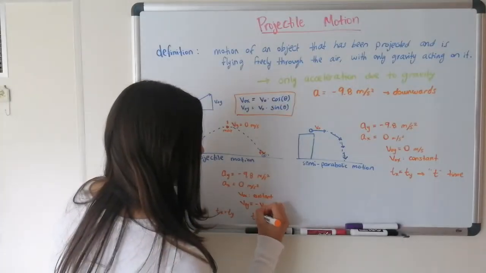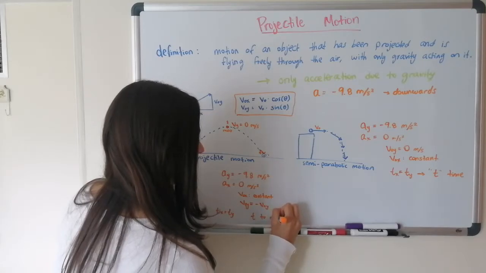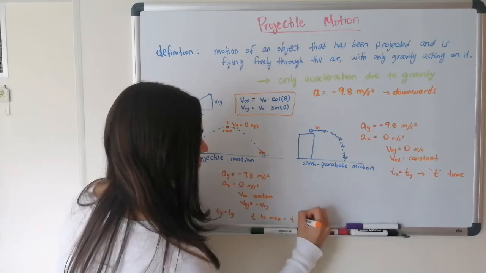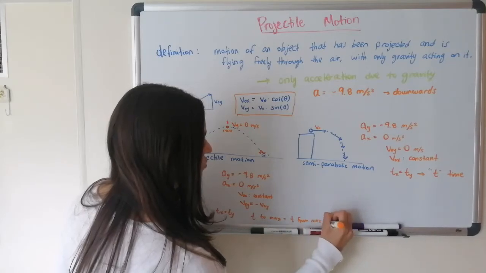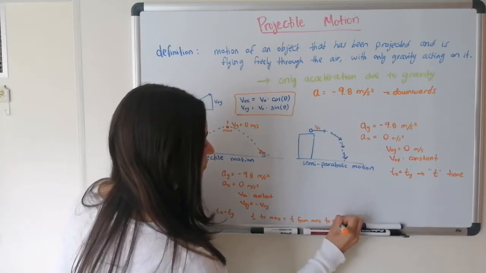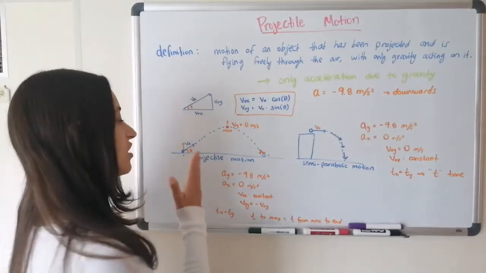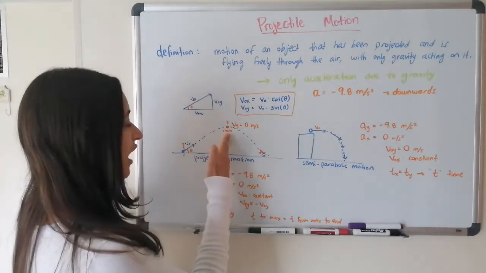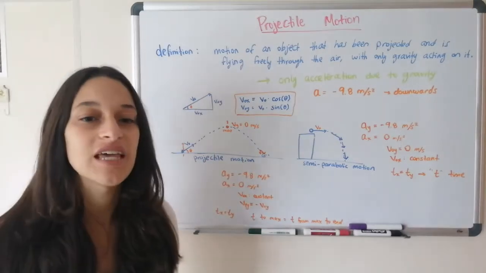So time to max point is equal to time from max to end. So if you already calculated the time from here to half of the trajectory, then from the half to the end, it's going to be the same time.